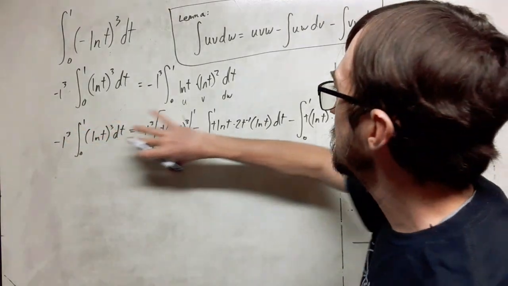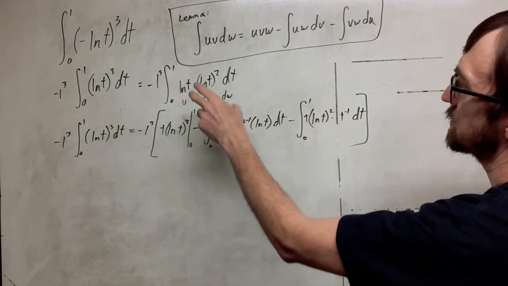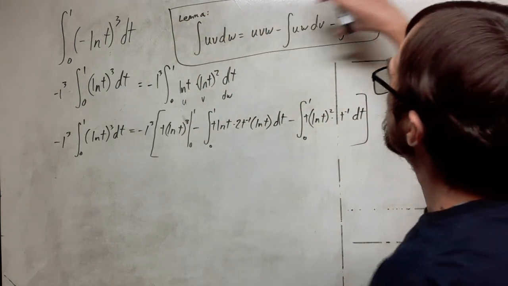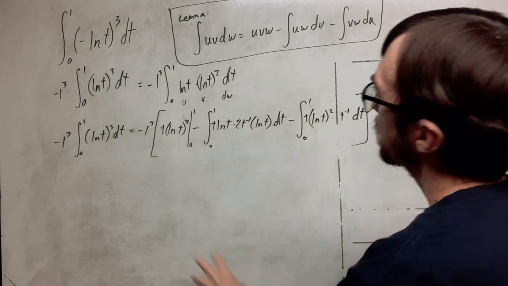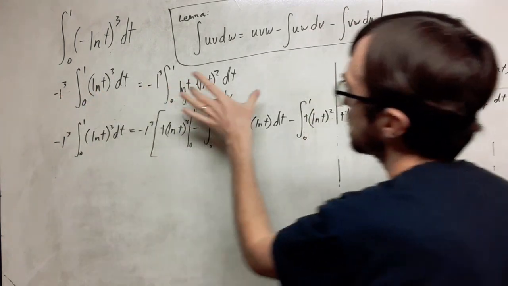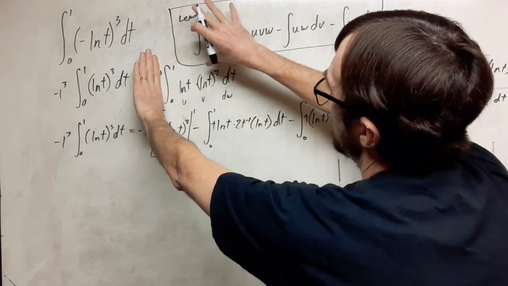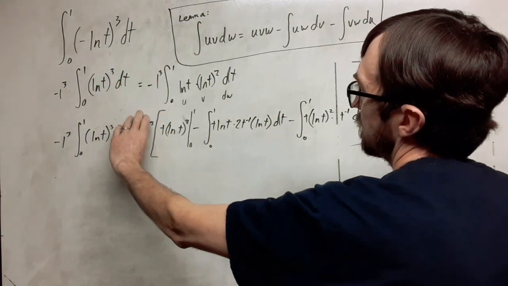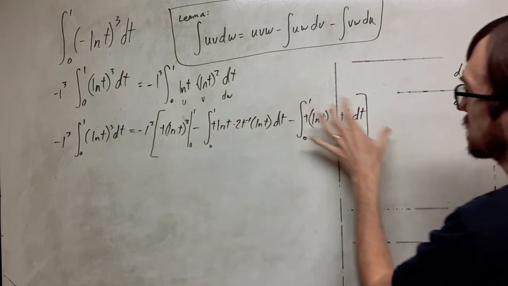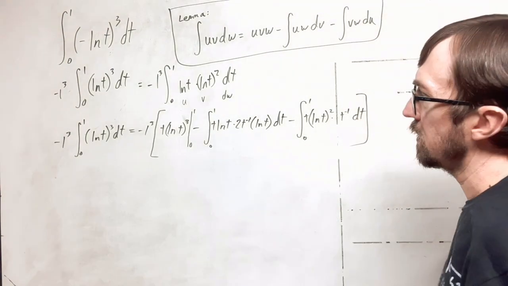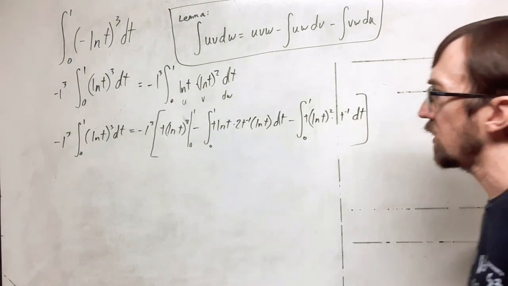All right, this is what I get when I substitute my u, my v, my dw, my du, and my dv into my lemma here. This is equal to this, and only this part is this. So I have to have this negative 1 to the third power that's going to act as a scalar over this. And there's lots of things to clean up in here, and I'll do that as we go through the process.